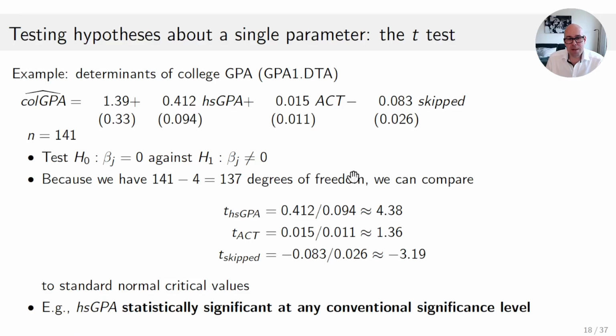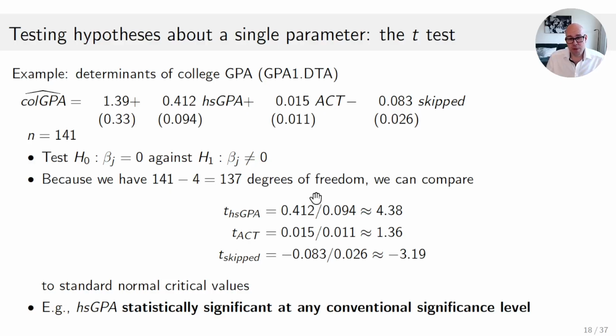What I want to do is test the null that beta j is equal to 0 against the alternative that beta j is different from 0. We have 141 observations. We estimate 1, 2, 3, 4 coefficients. So we have 137 degrees of freedom.